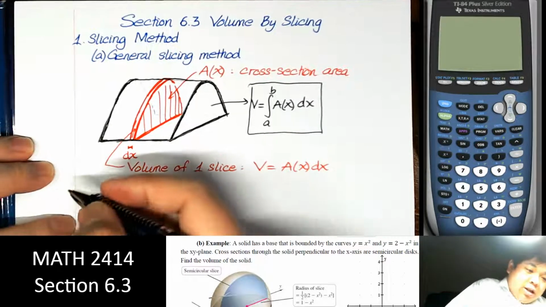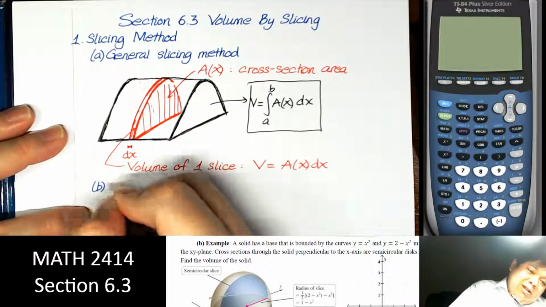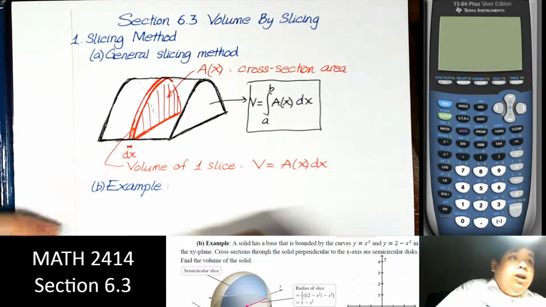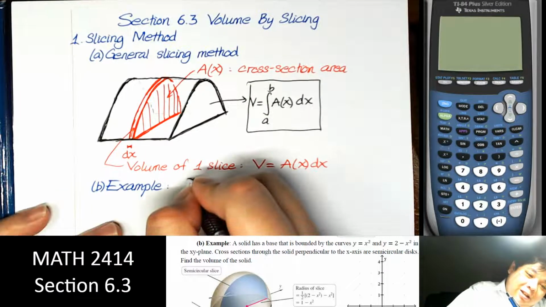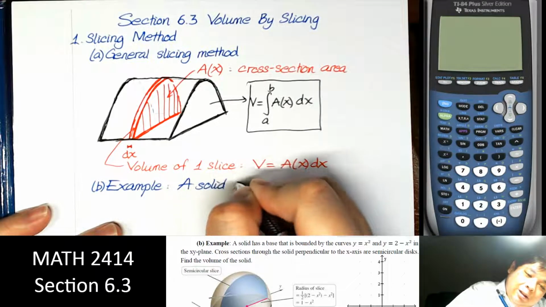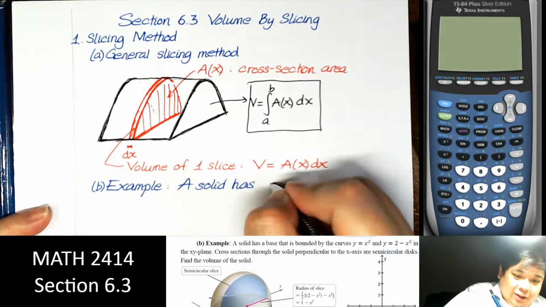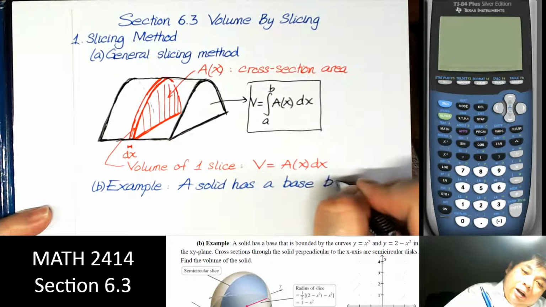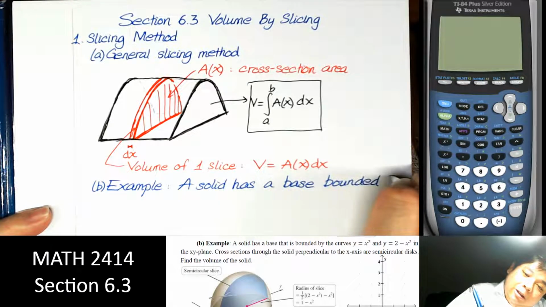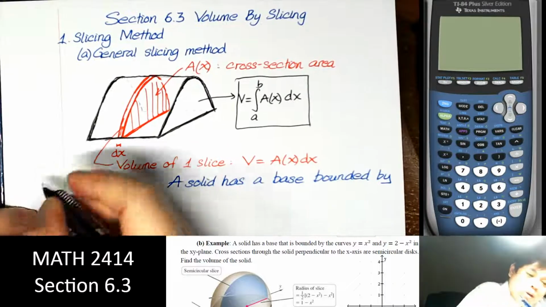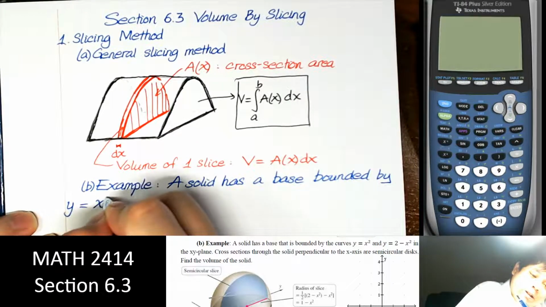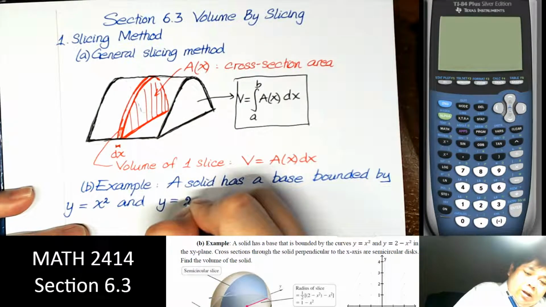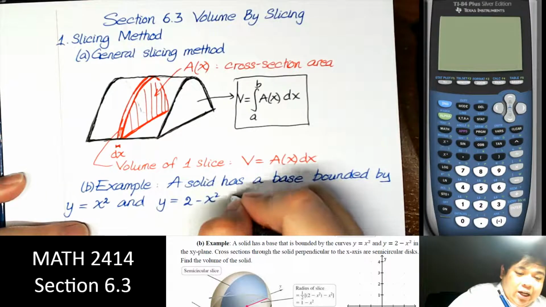So let's go to the first example. A solid has the base bounded by y equal to x squared and y equal to 2 minus x squared in the xy plane.